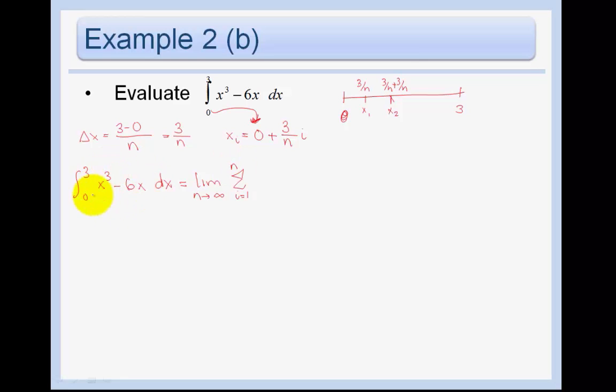The height is just this, but we're going to evaluate it at x sub i. So x sub i cubed minus 6 x sub i, and our dx is just 3 over n. And what is x sub i? Our x sub i is just this, 3i over n.